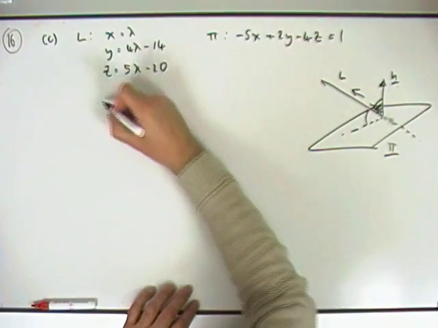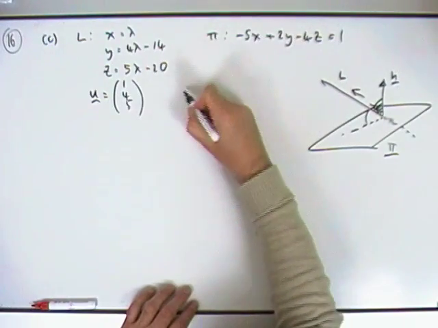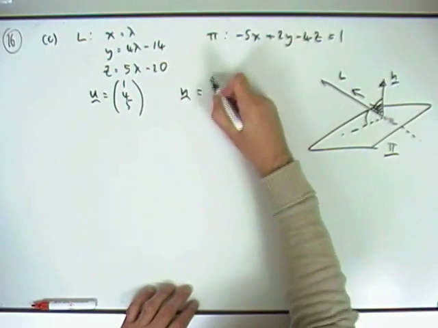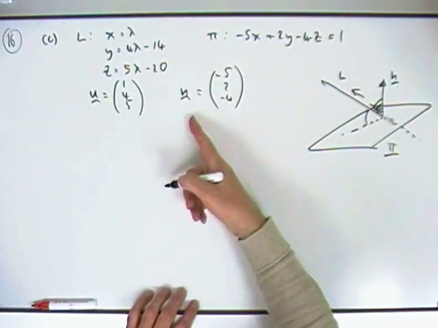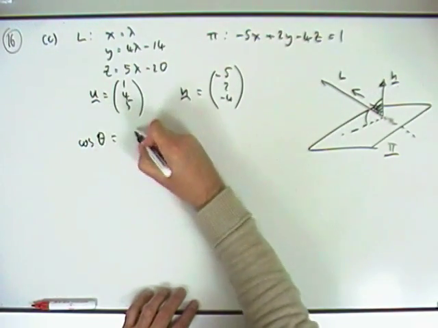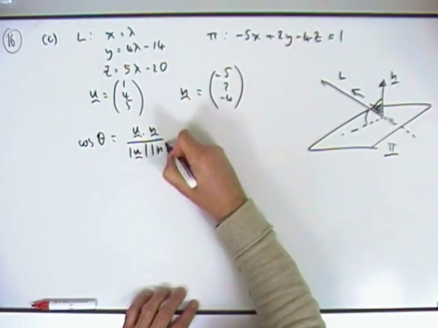Right, so for the line, I've got the vector 1, 4, 5. I've got the normal to the plane is -5, 2, -4. So I could find the angle between them, just call that theta, by doing u dot n over the length of u times the length of n.